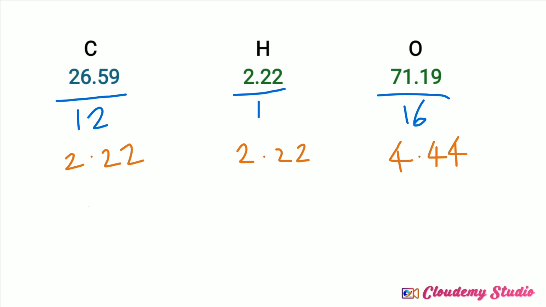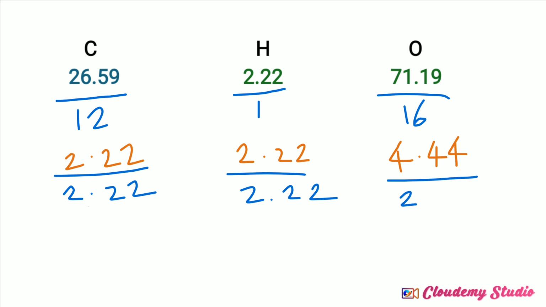So accordingly, 2.22 divided by 2.22, this also we need to divide by 2.22, and this also we need to divide by 2.22. So on dividing, we will get the result carbon 1, hydrogen also 1, oxygen 2 times.